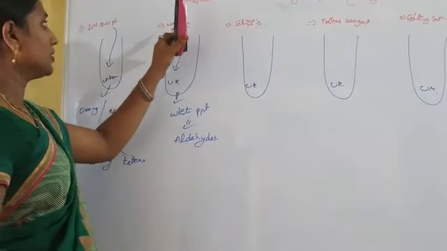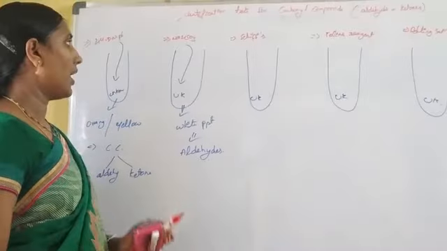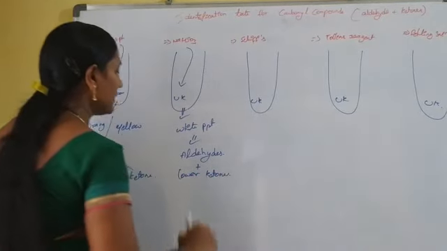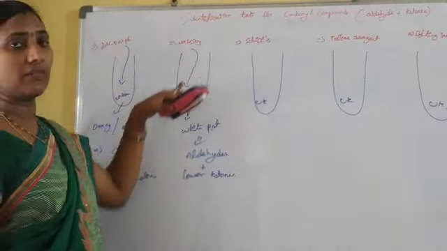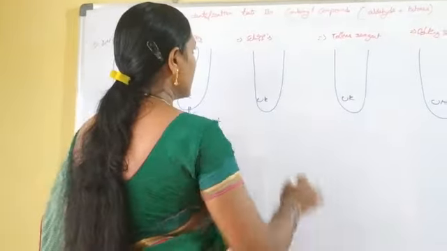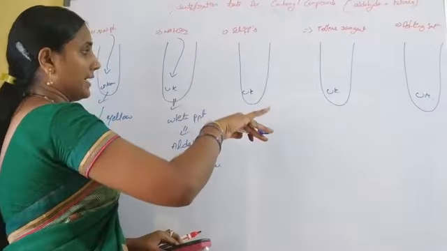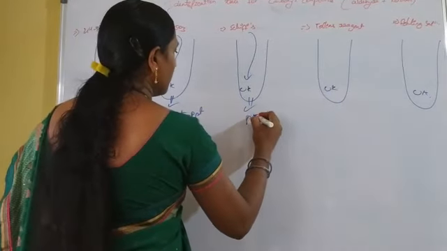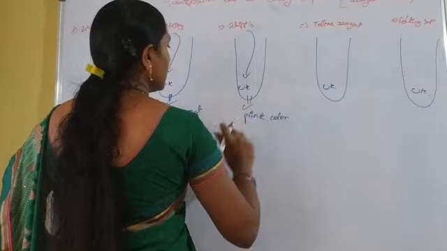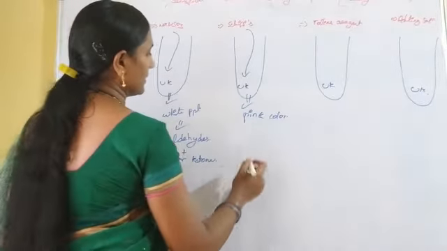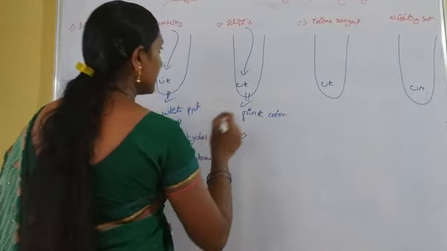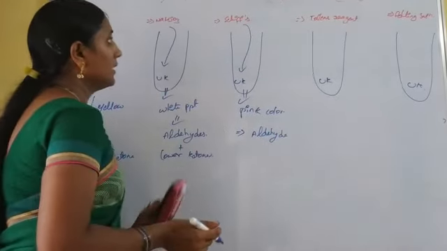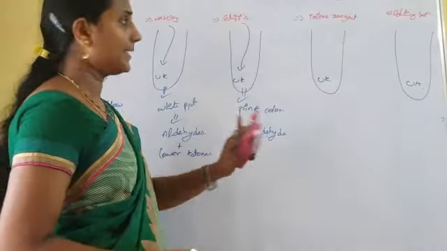That means the sodium bisulfite test is given by aldehydes and also lower ketones. Higher ketones do not give the sodium bisulfite test. In Schiff's test, Schiff's solution is colorless. When it is added to the unknown solution, we observe a pink color, meaning the pink color of Schiff's reagent reappears. That indicates the unknown solution has an aldehyde functional group, and Schiff's reagent is given by only aldehydes.